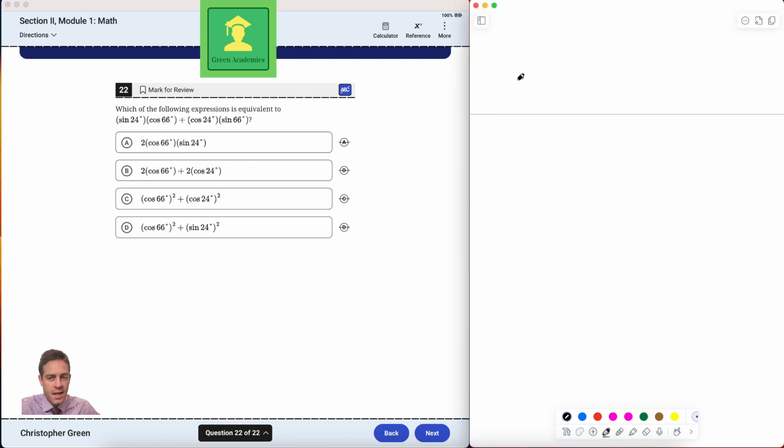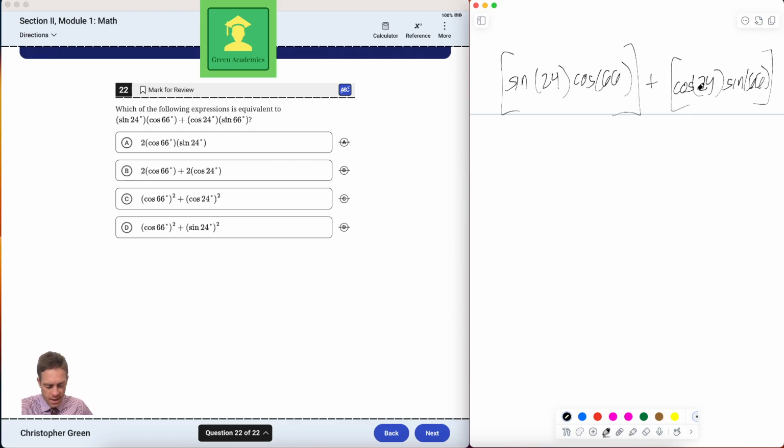Implicitly, there are parentheses around the product, because in the order of operations, multiplication comes before addition. So you can just write it as this, and I get 1.